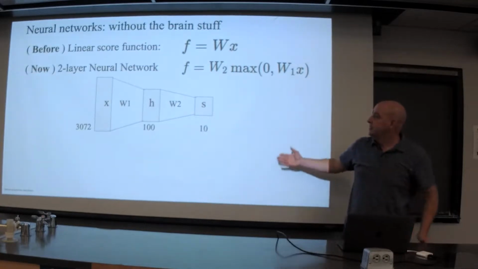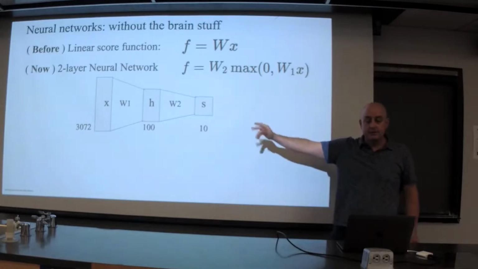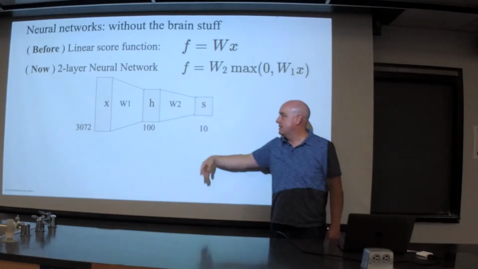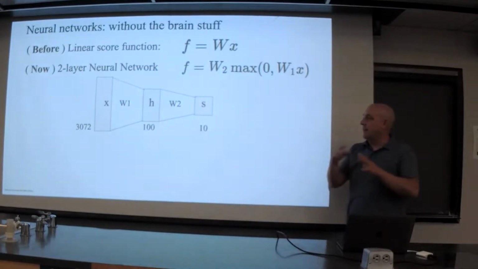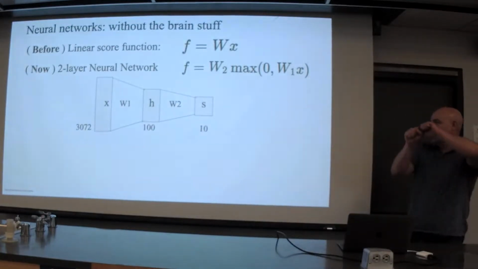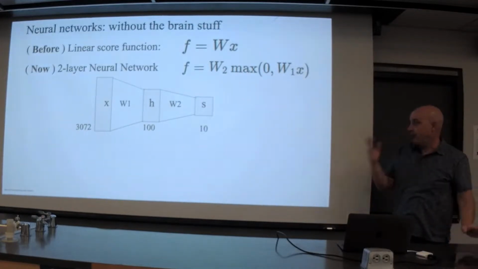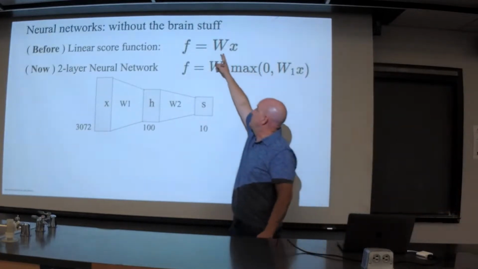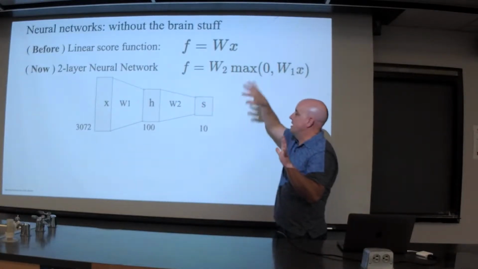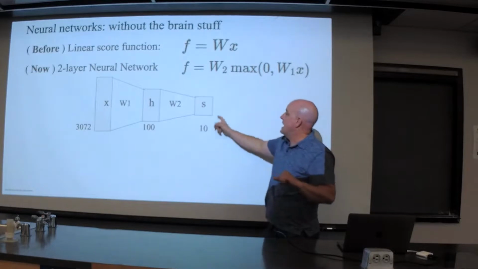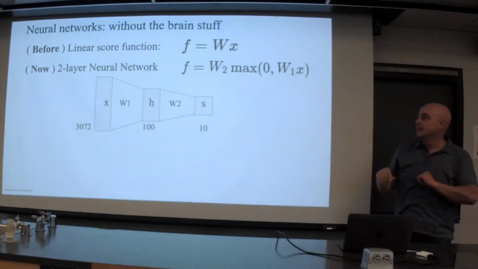If we go back to our example of CIFAR-10, which has 10 classes, remember the input was 32 times 32 times 3. You could stretch it out as a vector of size 3072. Before, we had a matrix with 3072 columns and 10 rows, and that gave us the 10 scores, one score for each of the classes.